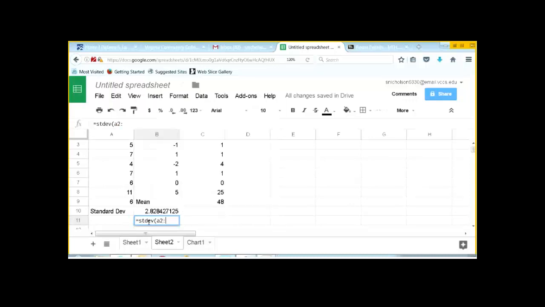So you don't need all this extra stuff. So I'd go A2 colon A8. Those are the cells. And if I did that right, I should get exactly the same number, which I do. 2.8284. Okay. So this is something that you'll do for your project. But again, the video explaining how to do it will show you how to do it again. So you'll see it again.